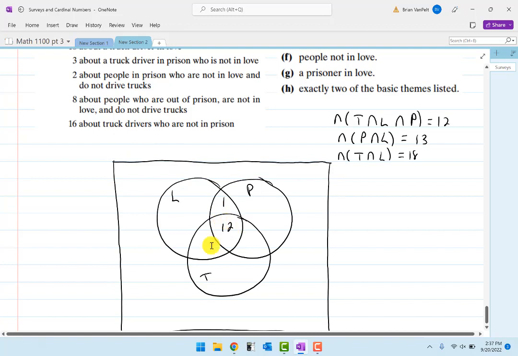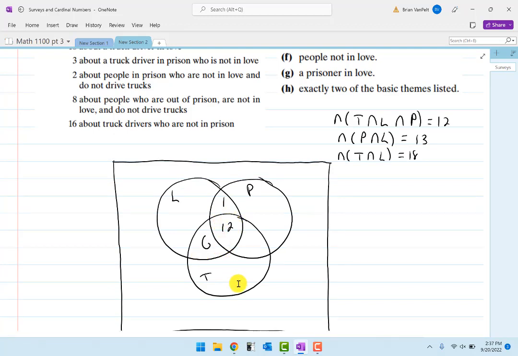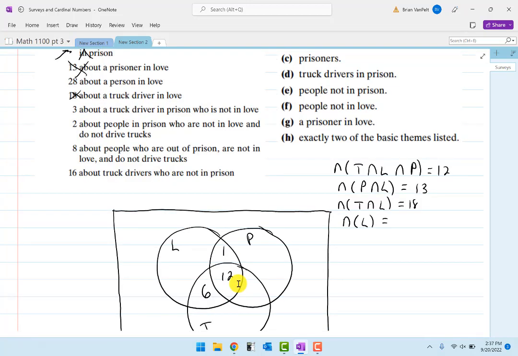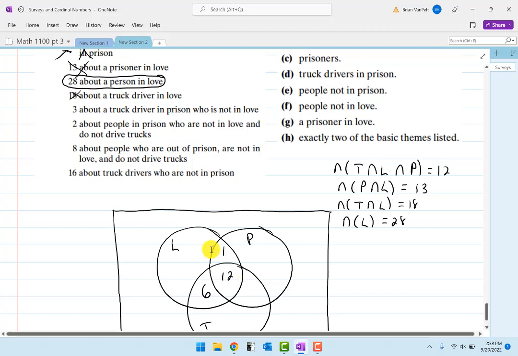Well, I've already got 12 in their intersection, so that must mean I have a 6 in that spot. The number of people in love is 28. I have yet to use that, so I'm going to put a circle around it to let me know I haven't used it yet.